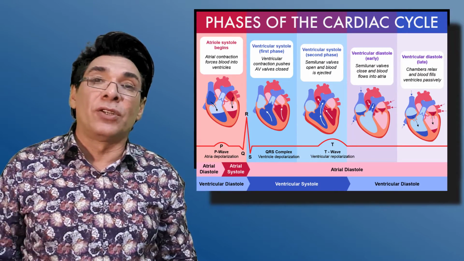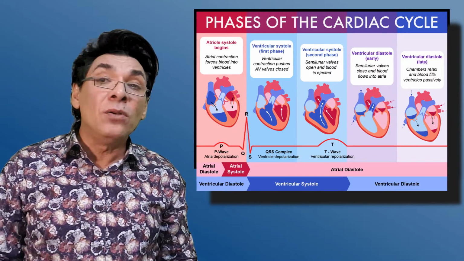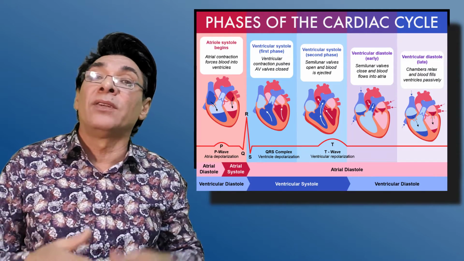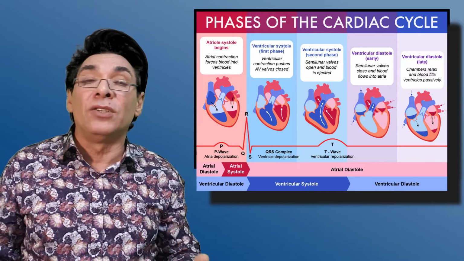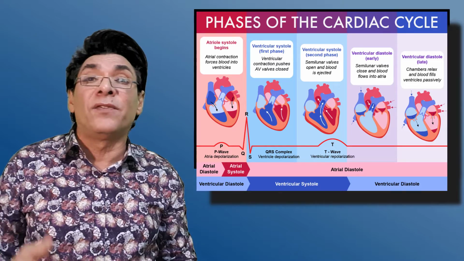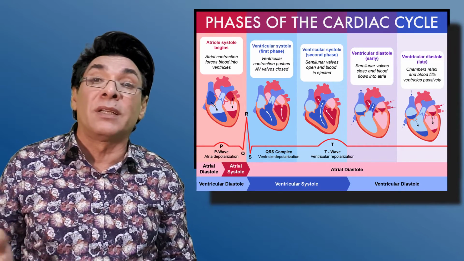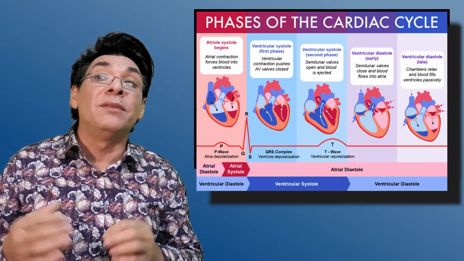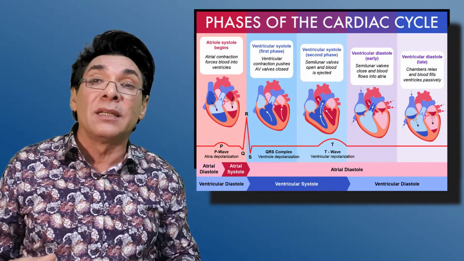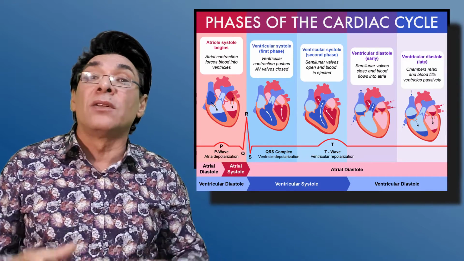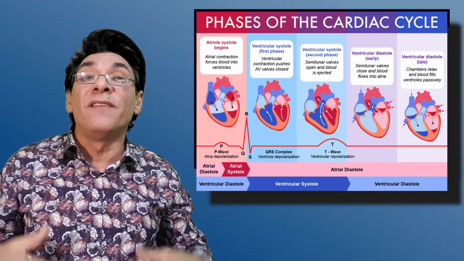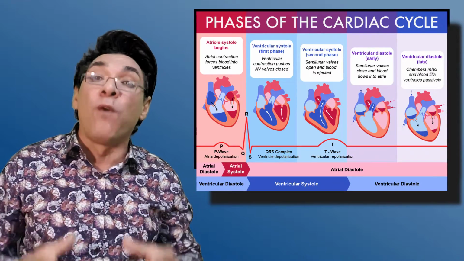Ventricular relaxation, or diastole, follows repolarization of the ventricles and is represented by the T wave of the ECG. It too is divided into two distinct phases and lasts approximately 430 milliseconds. During the early phase of ventricular diastole, as the ventricular muscle relaxes, pressure on the remaining blood within the ventricle begins to fall.